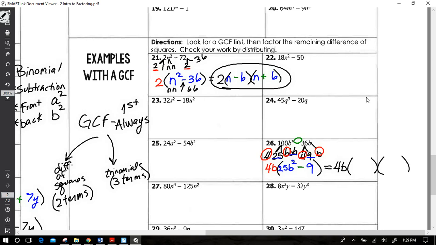Again, that is what factoring means, to take something and break it down into smaller parts. So I have 5B in the front and 3 in the back, and then 1 plus, 1 minus. And that is your final answer.